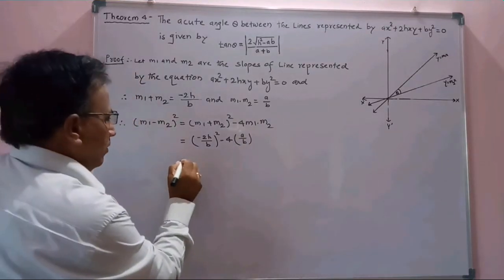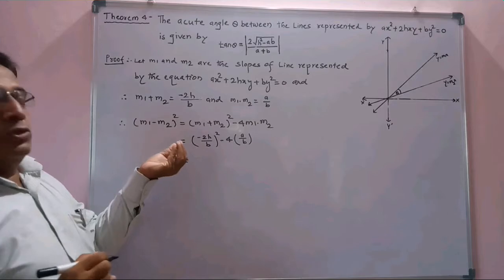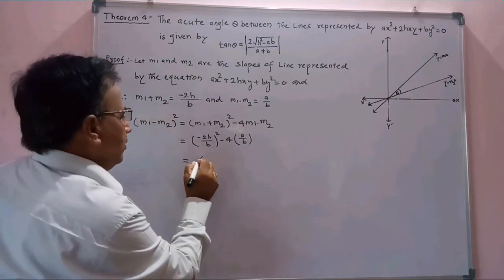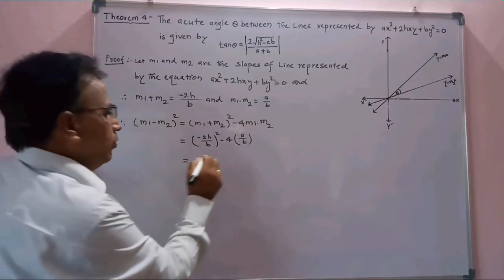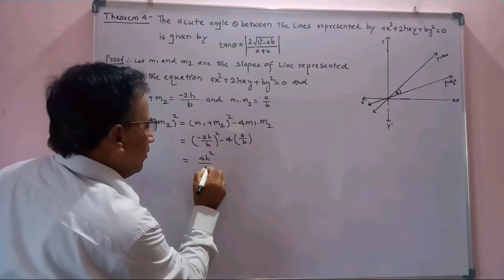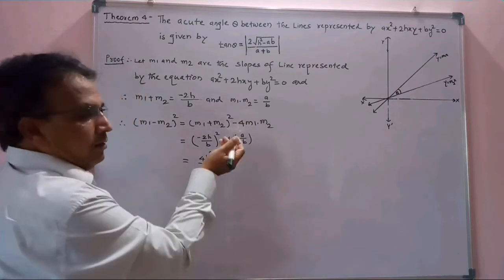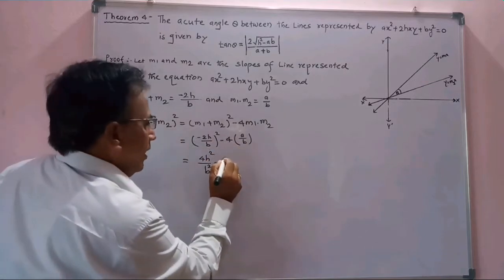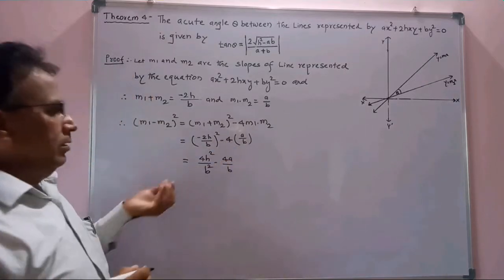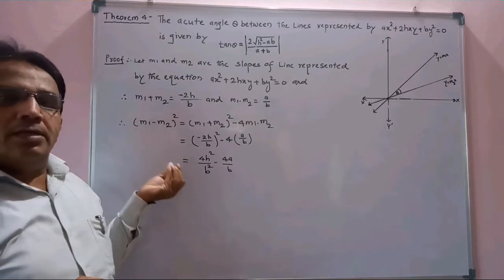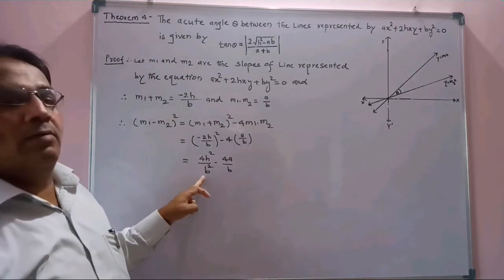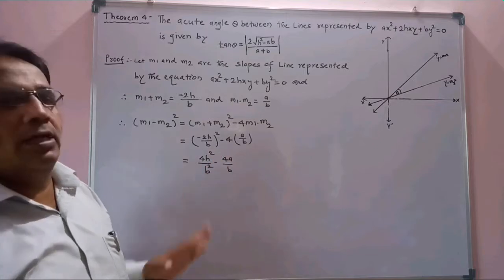Therefore (minus 2h divided by b) bracket square. Minus 2h bracket square means 4 h square divided by b square, minus 4 into a by b. So (m1 minus m2) bracket square equal to 4h square divided by b square minus 4a divided by b.